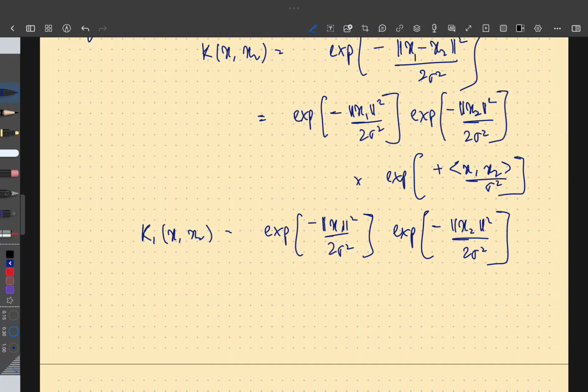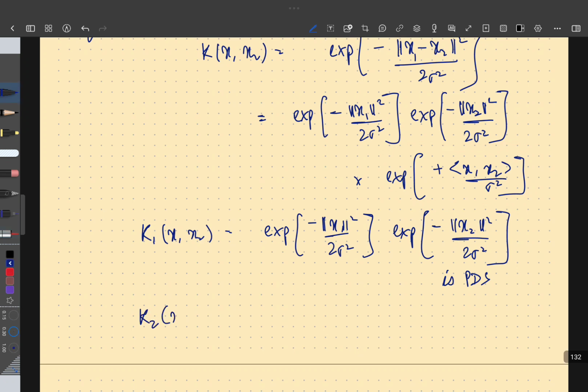Why is this PDS? Correct. From the first property, it's equal to f of x1 times f of x2 for the same f. So if I can show that the remaining factor is a PDS kernel, then the product of these two should also be a PDS kernel, and therefore the Gaussian kernel must be a PDS kernel.